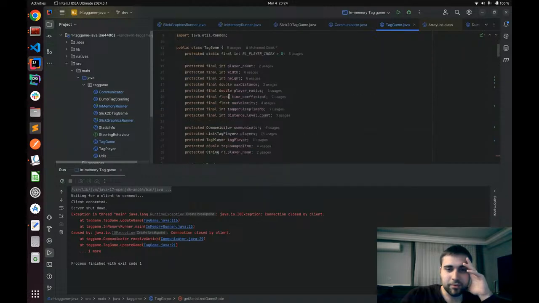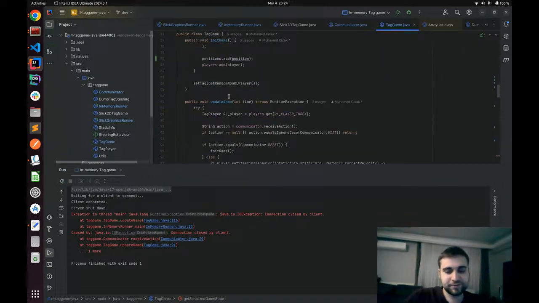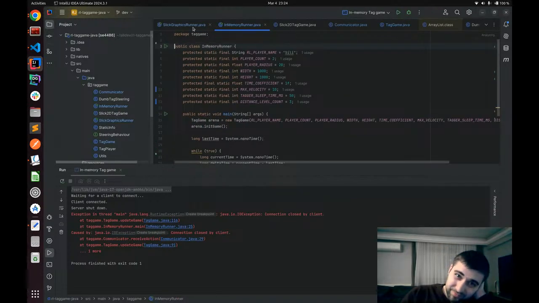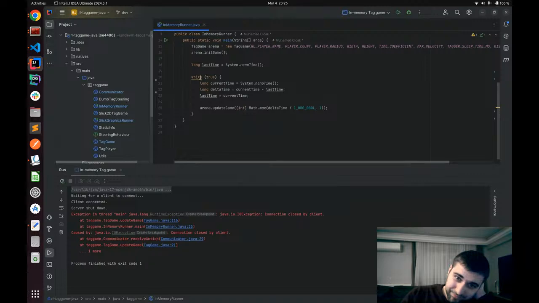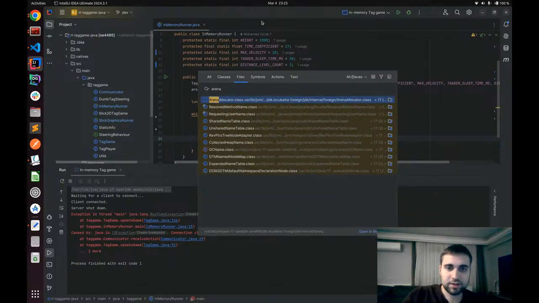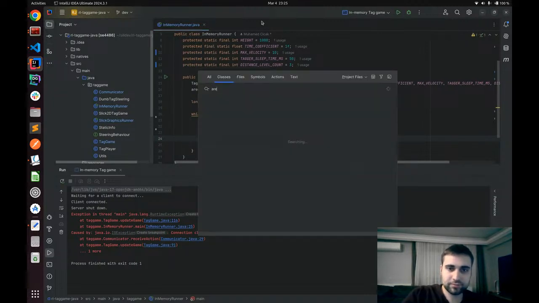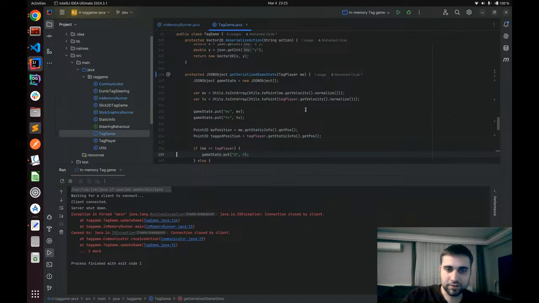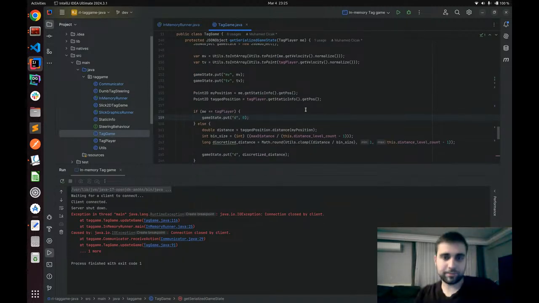Can't put a breakpoint. Oh yeah, this helps. Okay. This shouldn't be possible, honestly. I hate JetBrains too. Fuck. What the hell is wrong with this shit? Ah, there's no such thing. I renamed that. Okay.